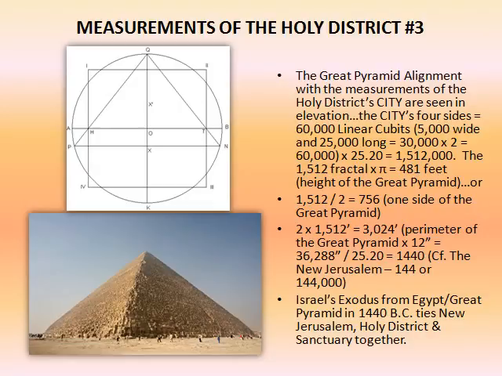Compare this to the New Jerusalem's 144, or the 144,000 found in Revelation chapters 7 and 14. Israel's exodus from Egypt and the Great Pyramid took place in 1440 BC. This ties the New Jerusalem, the Holy District, and the sanctuary all together.